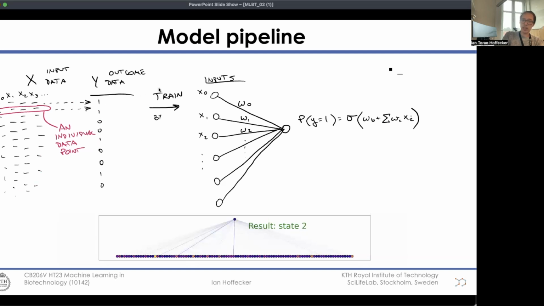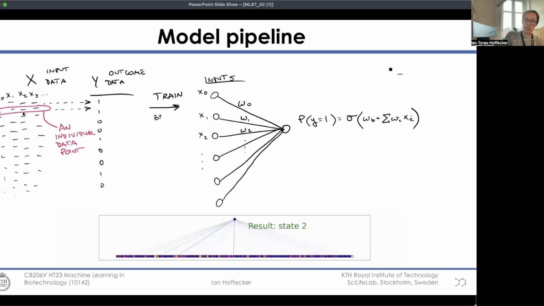And the training process is going to be trying to figure out which of these x0, x1, x2 variables are the most important when it comes to predicting the outcome. So which of these variables contribute the most to the outcome result here.